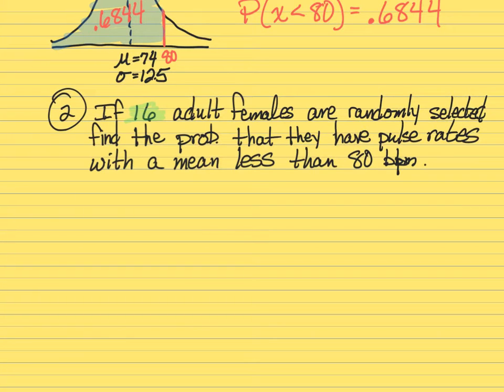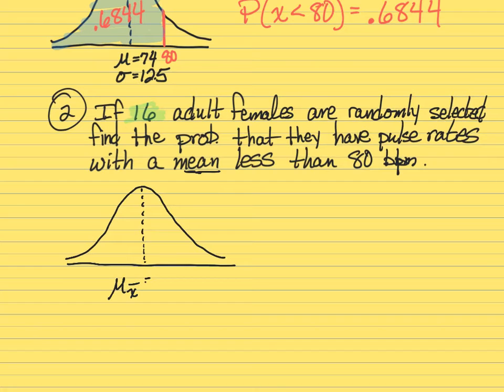In order to find these probabilities, we're going to be turning to our normal curve, right? And so our normal curve, in this case, is the distribution of the means, because this is a question about means. So the mean of the means is just the mean of the population, which was 74. That doesn't change. That's real handy.